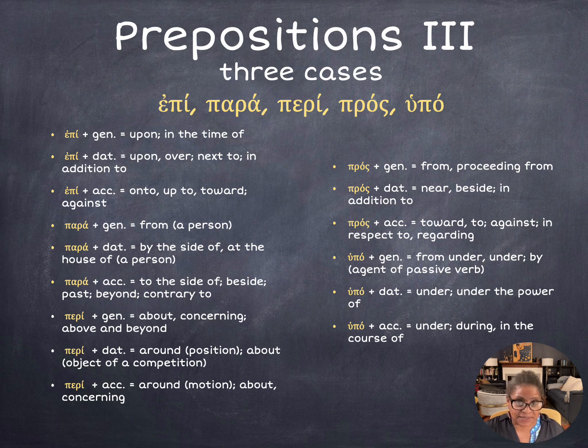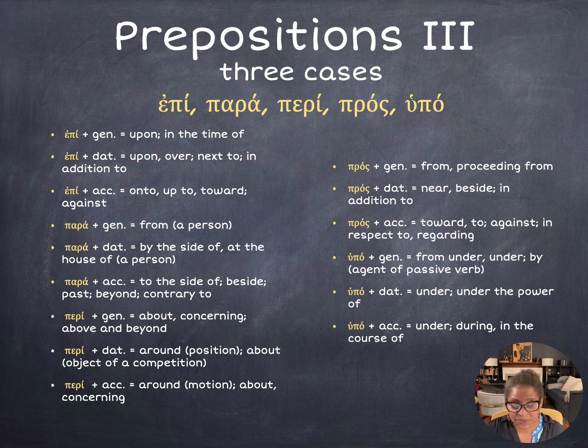Epi plus the dative can mean upon, over, next to, in addition to. And epi plus the accusative can mean onto, like in the motion onto, up to, toward, and against. Often epi with a person is hostile.